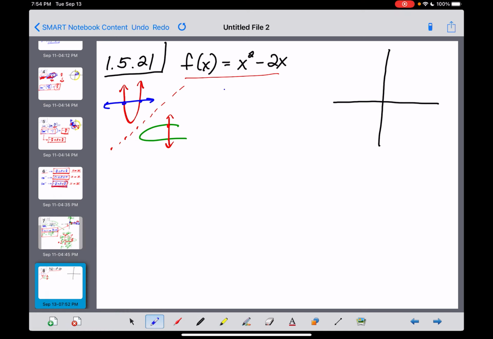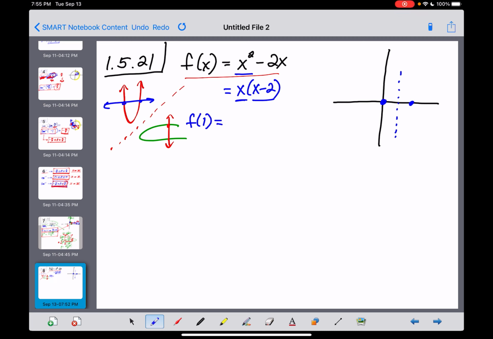But real quickly, I'd probably graph this by factoring. If I pulled out an x, I end up with an x minus 2, and that tells me that this function equals 0 when x is 0, so right there, and also when x is equal to 2, right over here. That means that its line of symmetry is right over here at x equals 1. So if I were to evaluate f of 1, that's actually going to get me the vertex of this function.